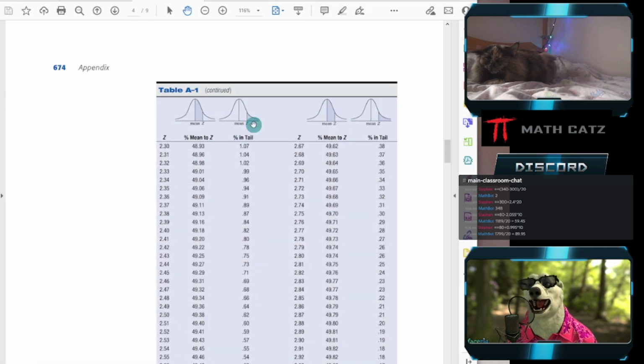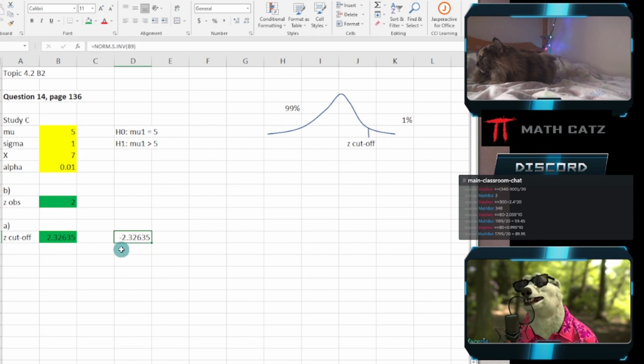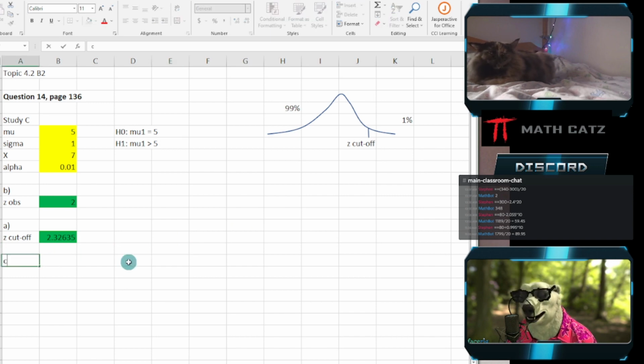Then I just drop the negative. It's exactly the same absolute value, so you don't have to do much. Just remember what the function does. It's always looking for the left side of the cutoff line. All right, so there we have our cutoff, and then we can make our decision.